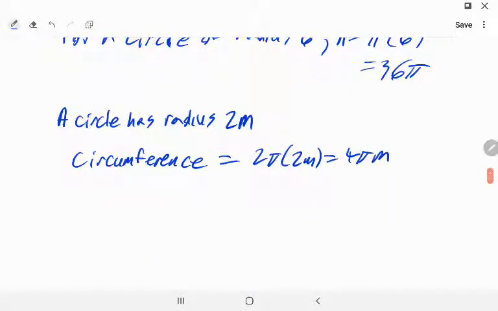And then we notice 4 pi would be approximately 12.56 meters. We'll often use pi as approximately 3.14, which winds up being convenient.